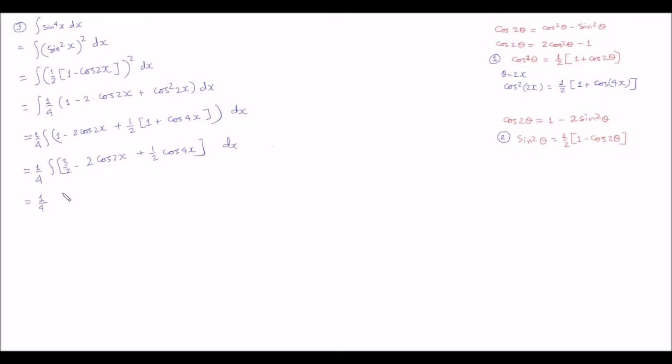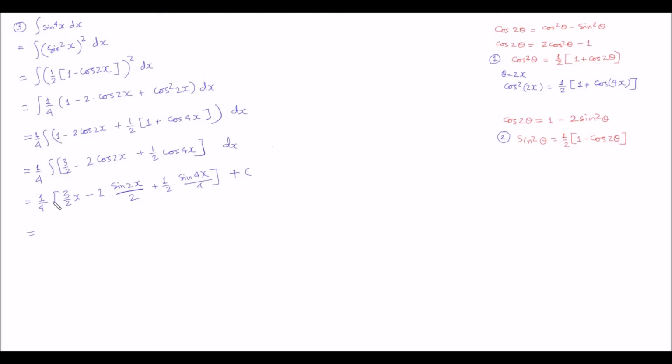So let us integrate: 3/2 of x minus 2 sine 2x divided by 2 plus 1/2 times sine 4x divided by 4 plus c. Don't forget to write that. So this would be 1/4 of that.